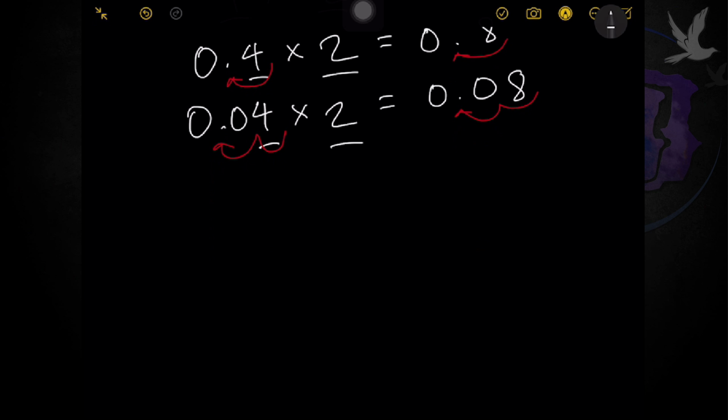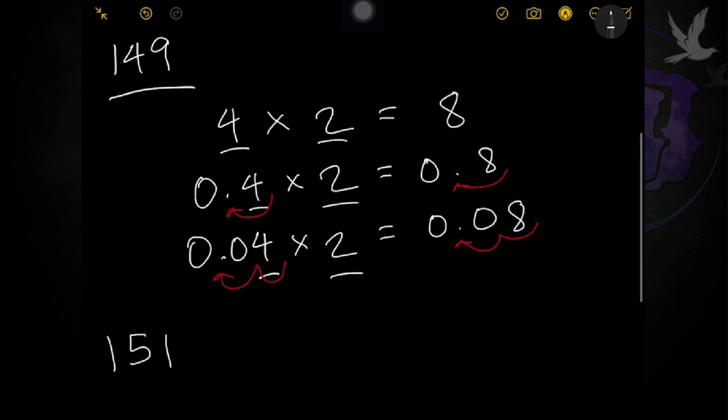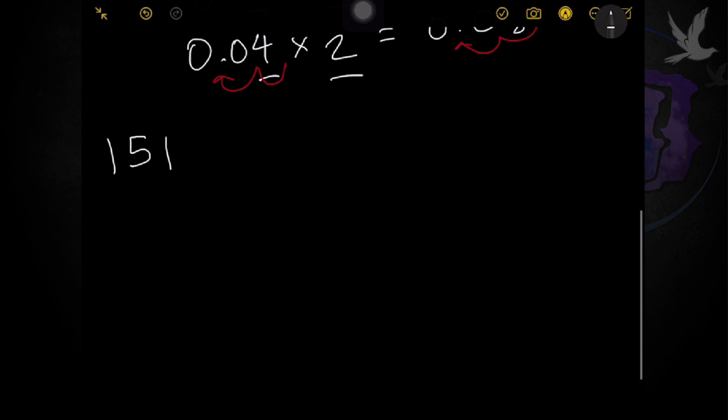Basic lang yan. For page 151, it's quite similar to your activity on page 149, but in this case, it's division. So for example, let's say 8 divided by 2.